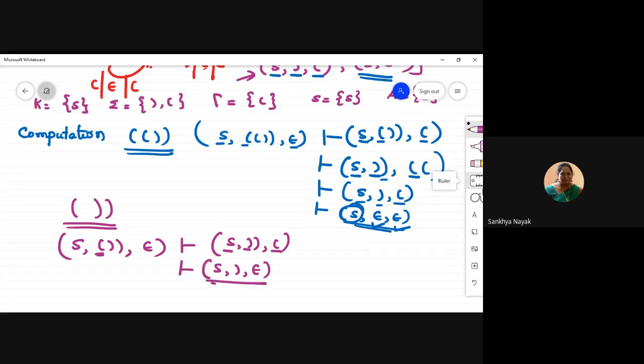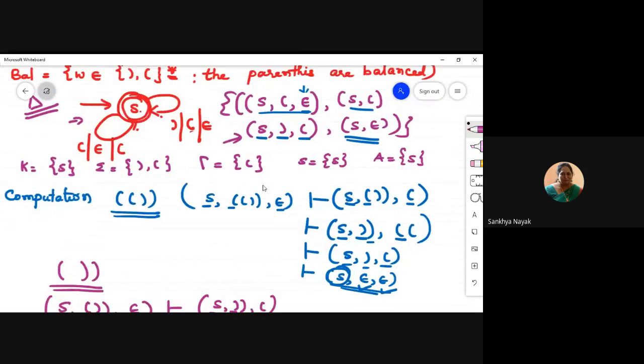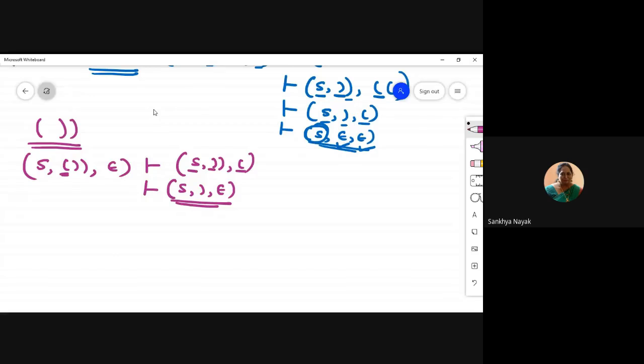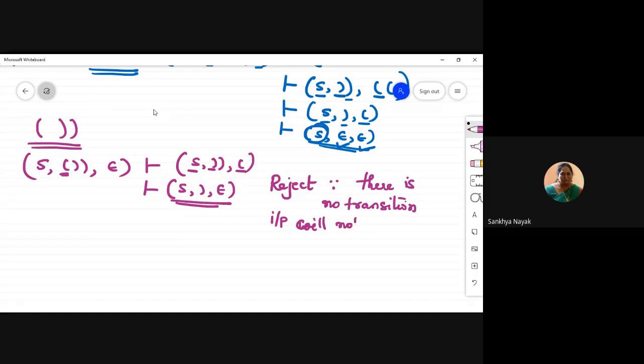Now here I have S, closed bracket and epsilon. So you can see here for that we don't have any transition. So you are going to reject it, okay, because there is no transition for this. Since there is no transition, input will not be completely consumed, right?